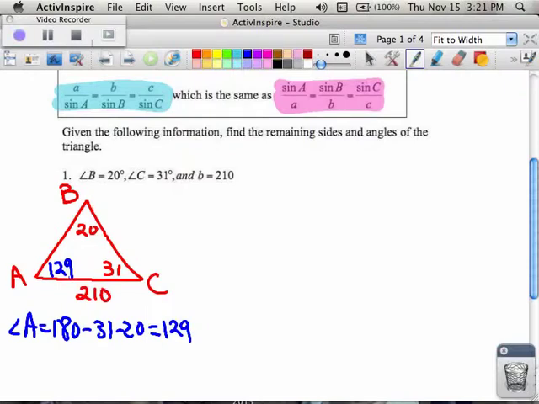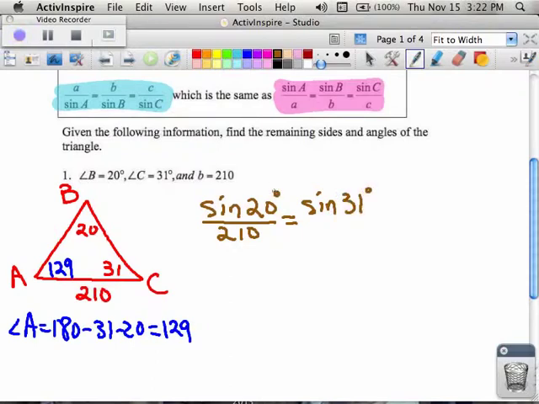Now I have two sides left to find. Let's say that I want to find side c first. I could say that the sine of 20 degrees, which is the B angle, divided by 210, the side across from that, should be in the same ratio as the sine of 31 degrees.